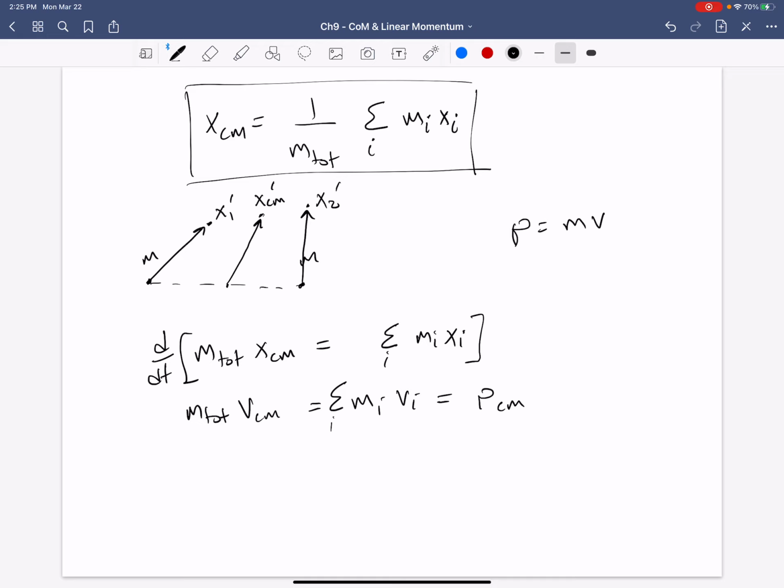But this leads into the impulse momentum theorem that you'll see in later videos as well, right? Because as these positions change, you can just take the time derivative of this as well, and you'll get the impulse momentum theorem, right? But I'll show that in the next video.